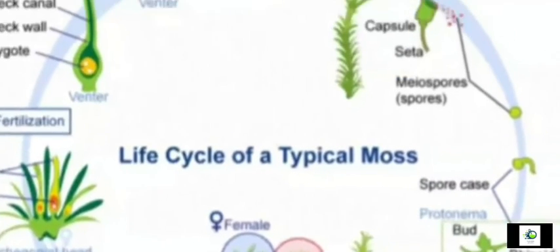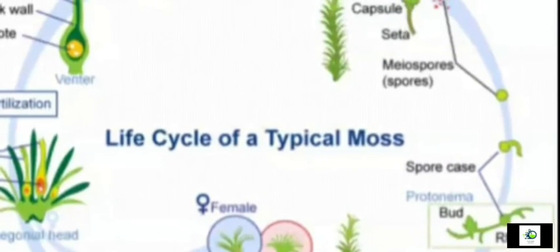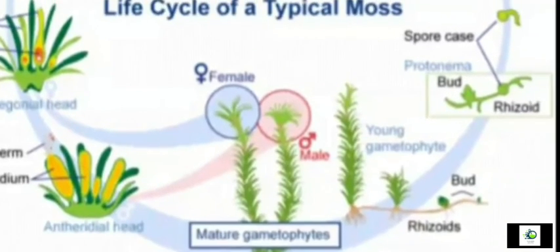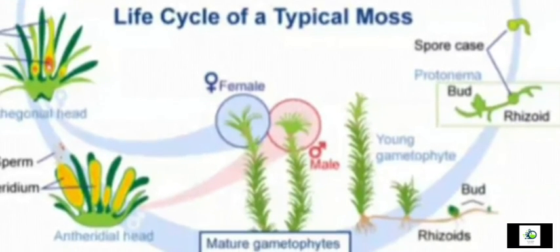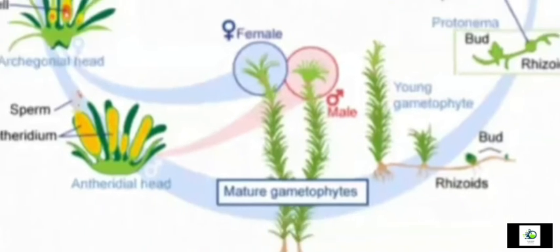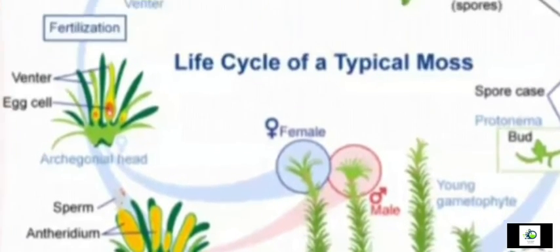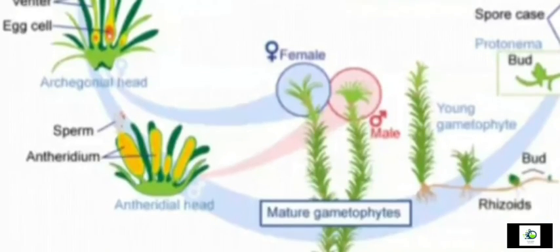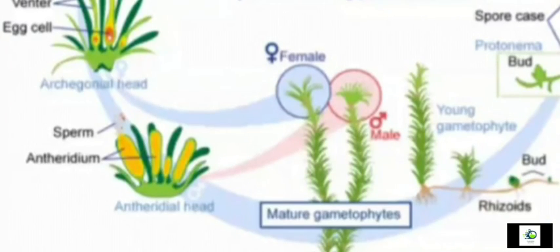Now let us see the life cycle of moss. First, the spore falls on the ground. After that it grows, and a bud forms, which is the protonema stage. Next it grows, and the plants are female and male.